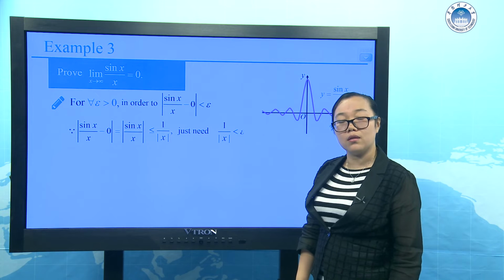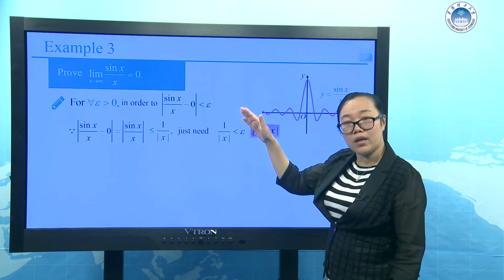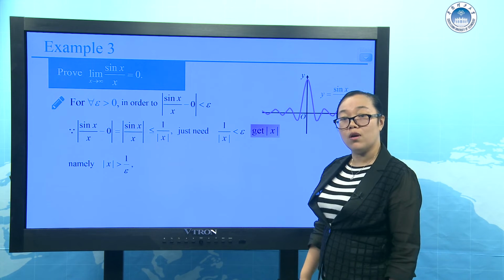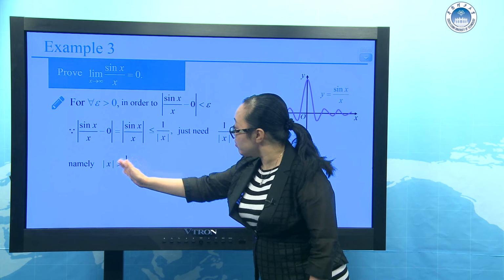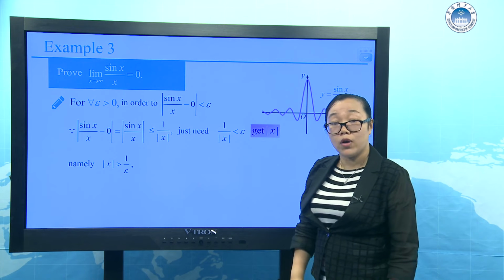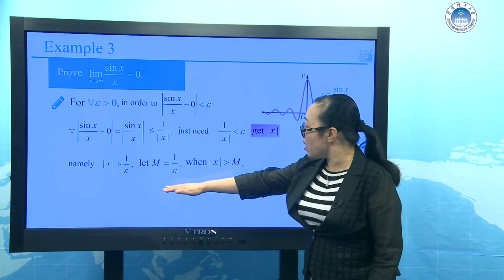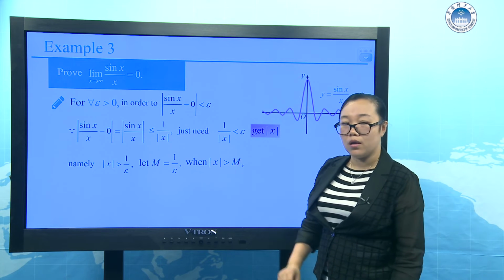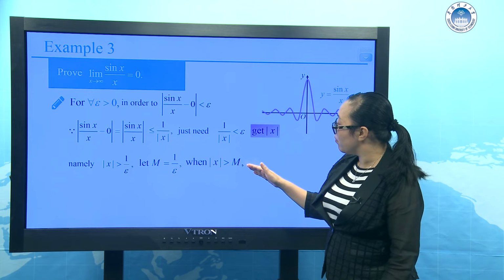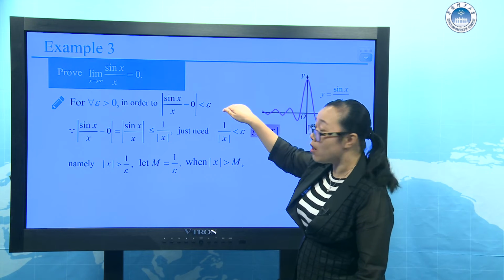In order to get this expression less than epsilon, from this we can get our absolute value of x. So now we can get, namely, absolute value of x less than 1 over epsilon if we have some idea about capital M. So let capital M equal 1 over epsilon. If the absolute value of x is less than capital M, we can get this expression go back itself, okay?